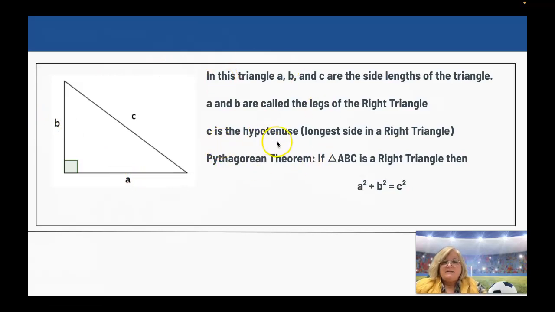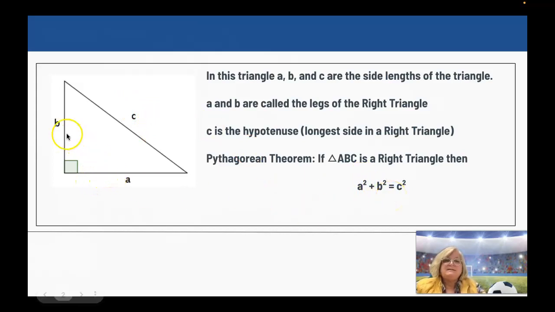C is the hypotenuse, which is the longest side of a right triangle. So the Pythagorean theorem: if triangle ABC is a right triangle, then one of the legs squared plus the other leg squared equals the hypotenuse squared. That's what a squared plus b squared equals c squared is saying.